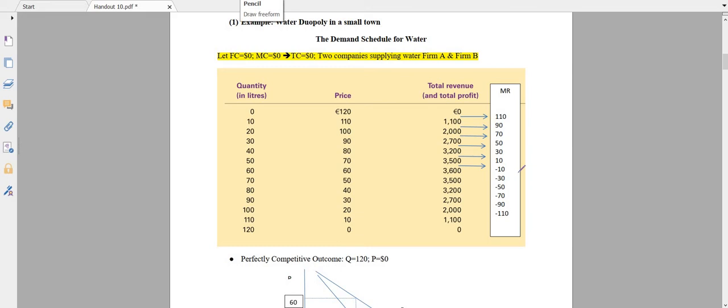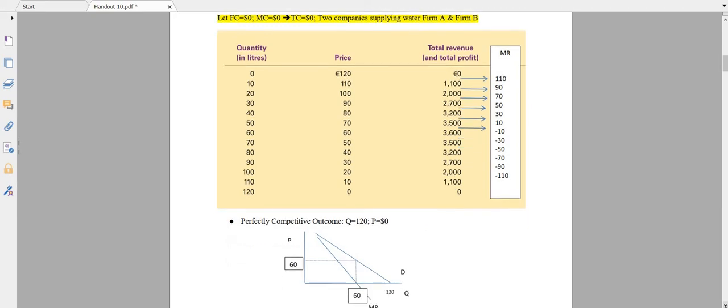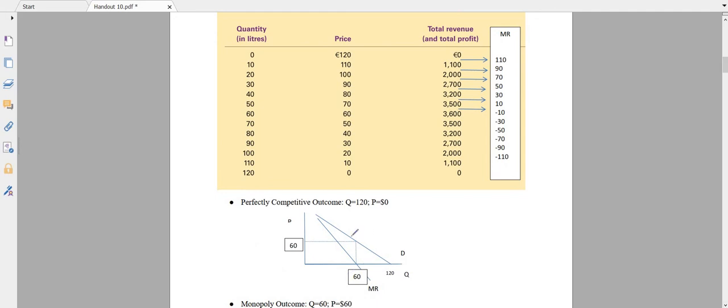All right. Now the question arises that if this was a perfectly competitive market, what would have been the perfectly competitive outcome in that case? In order to answer this question, I have sketched the demand curve here, and we already know that if a firm faces a downward sloping demand curve, its marginal revenue is always going to be below it.